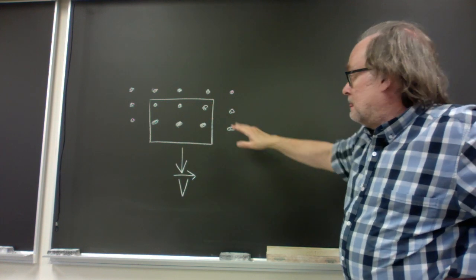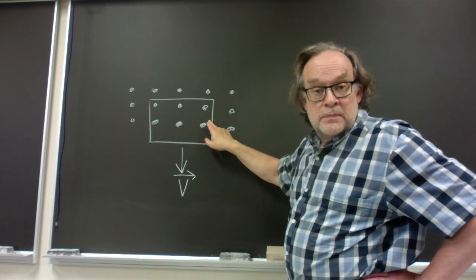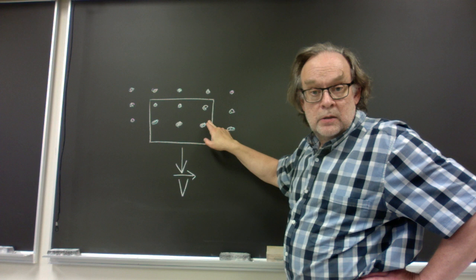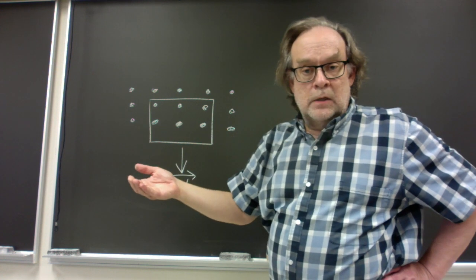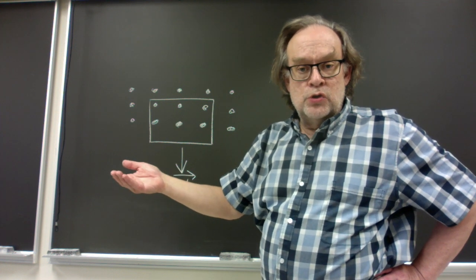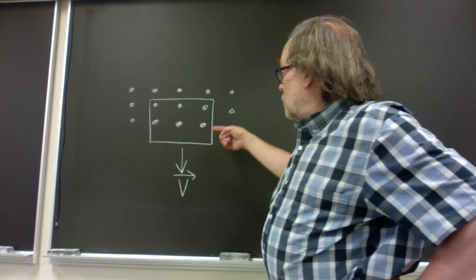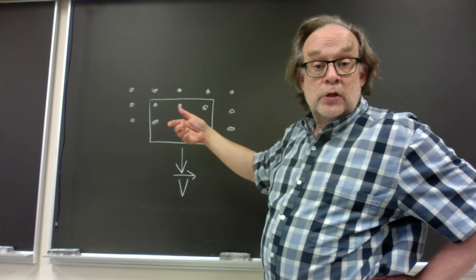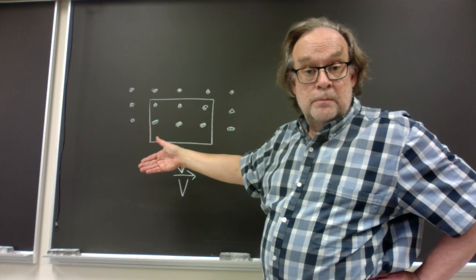So these parts of the loop that are in the magnetic field region have electrons, things that can be used to create current. So these electrons are actually moving through a magnetic field.